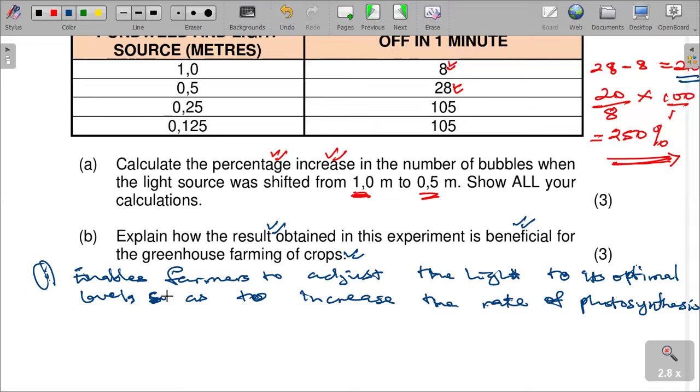Also, another thing is that by increasing the rate of photosynthesis, the farmer is able to what? To increase his yields to their maximum.